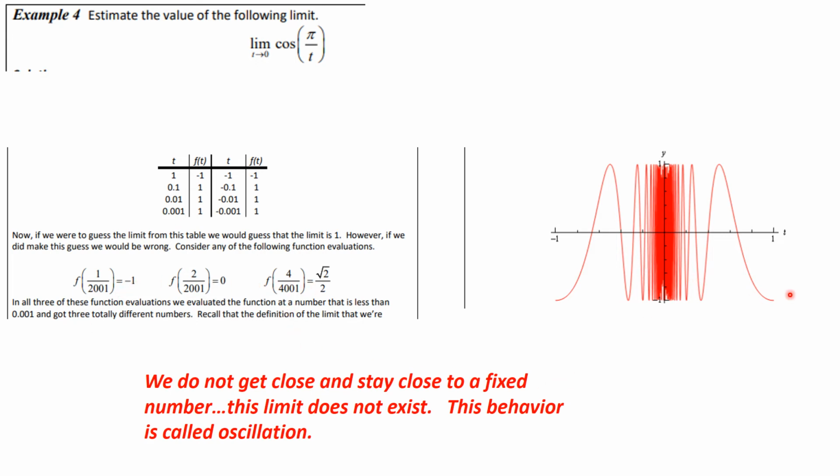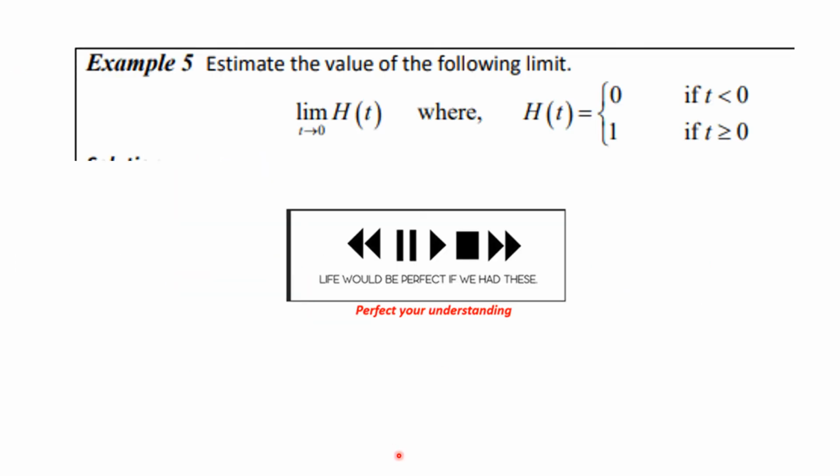So what that means is the function is oscillating. So it's going like this, but it's going up and down wild and crazy like this as you get close to 0 from both sides. So you see, we do not get close and stay close to a fixed number. This limit does not exist. This behavior is called oscillation, and this would be called an oscillatory function.